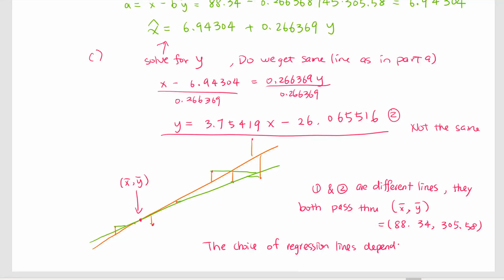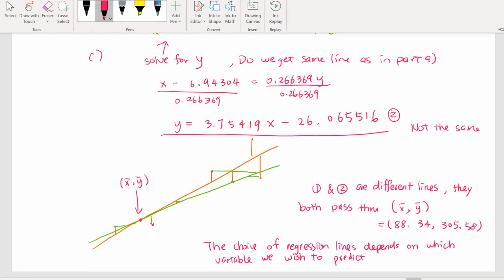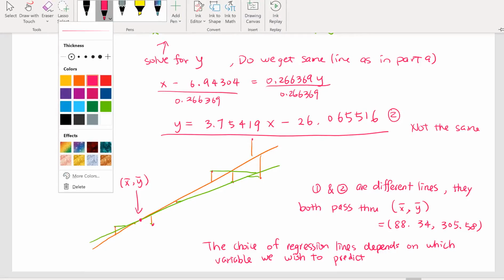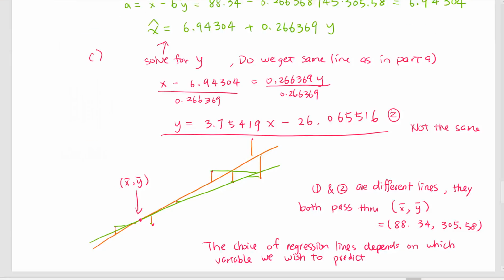So if we want to predict y in terms of x, then this is what we have been doing before. If we want to predict x as a function of y, then we switch the roles of x and y.